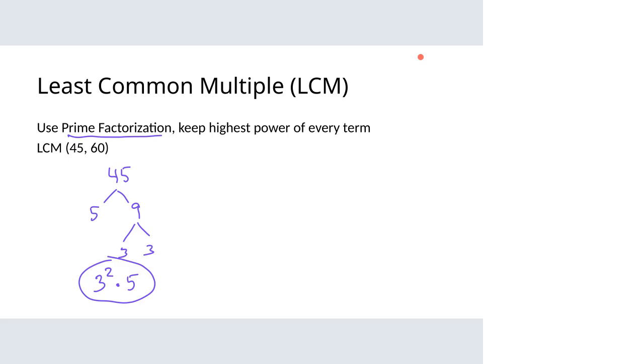I also need the prime factorization of 60. So let's see, 6 times 10. You might have seen something else, 2 times 30. Eventually you'll get to the same place. There's no right or wrong way to do these. So that's 2 times 3, and that's 2 times 5. And so I guess I have 2 squared times 3 times 5.